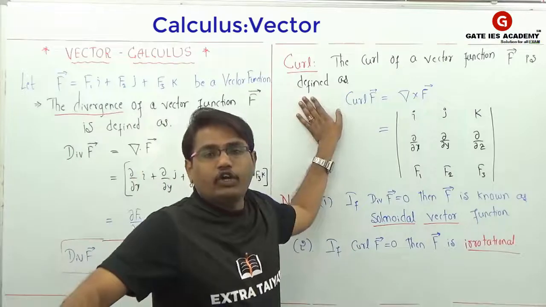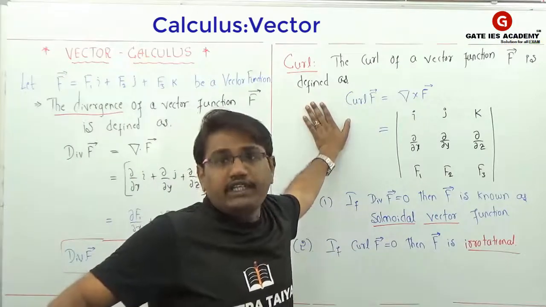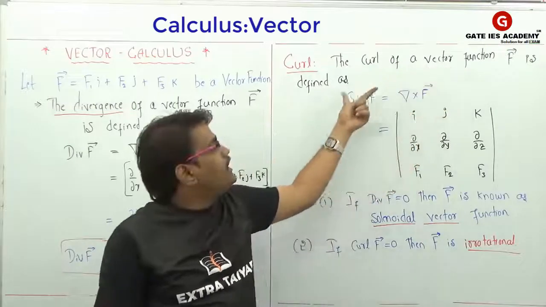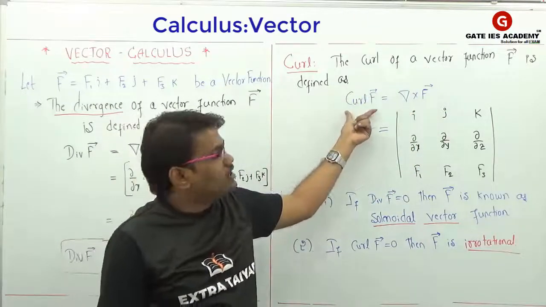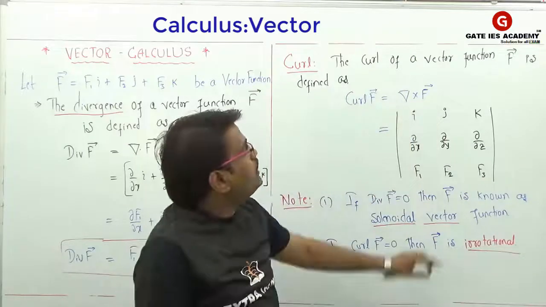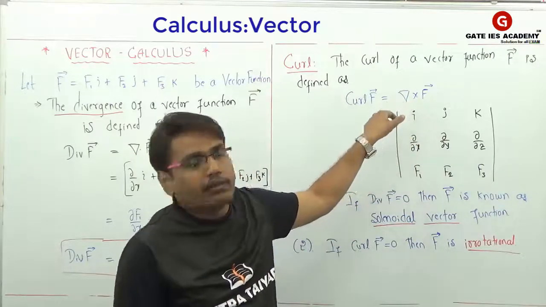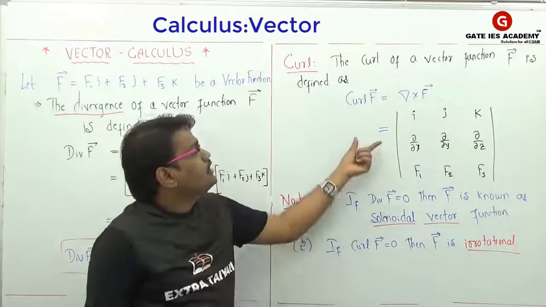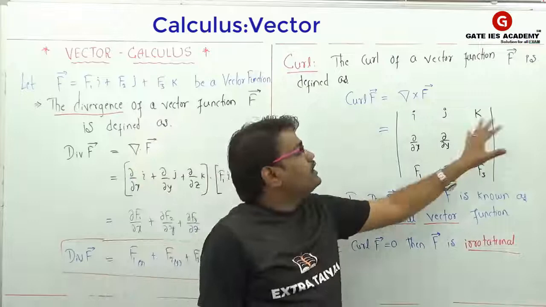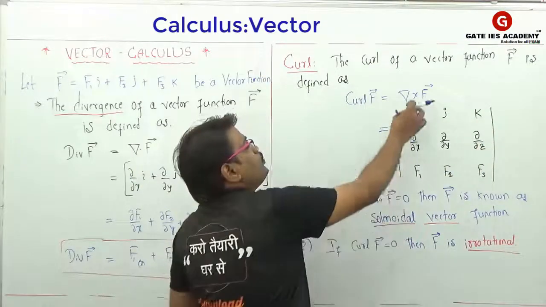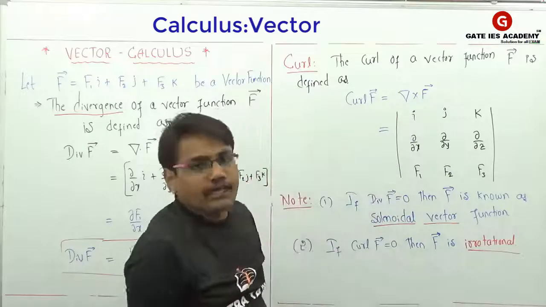How to apply the operator del to define the curl? The curl of a vector function f bar is defined as del cross f bar. This is the cross product of the del operator and the vector f bar. Now how to take the curl? Take the determinant. We know how to find the cross product, right?